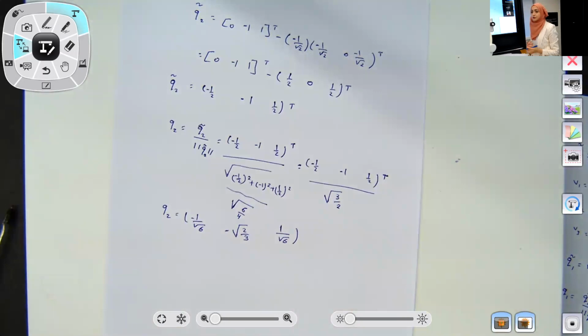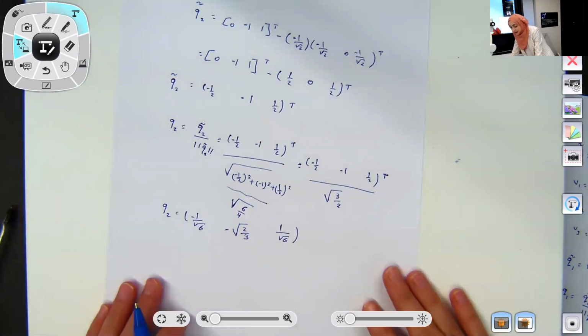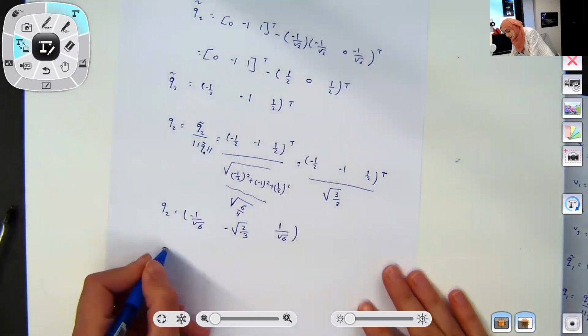We need the values of Q1, Q2, and Q3 to write the matrix Q. So we also need to find the value of Q3, and at the beginning we need to find the value of Q3 tilde by applying Gram-Schmidt again.